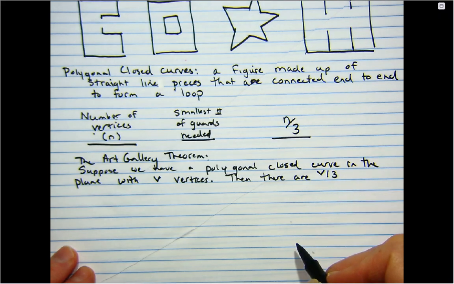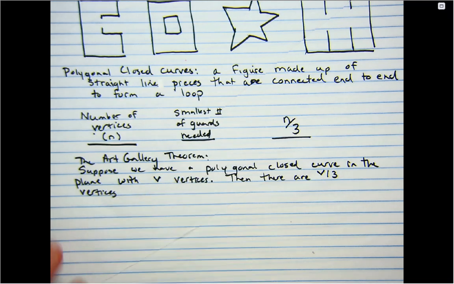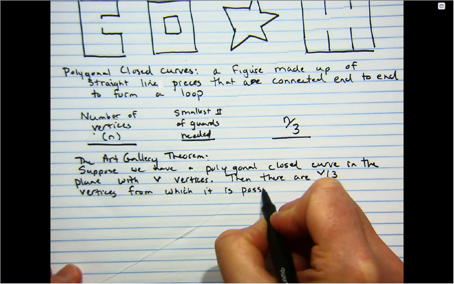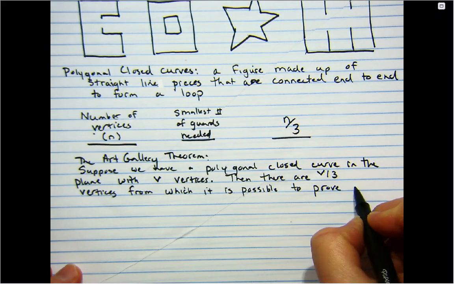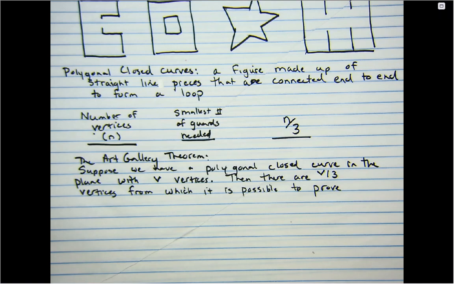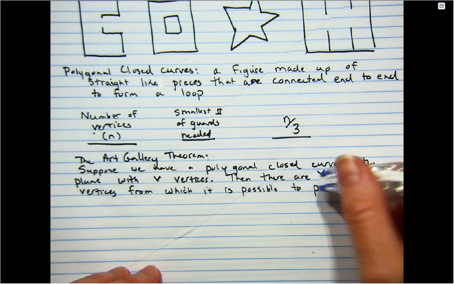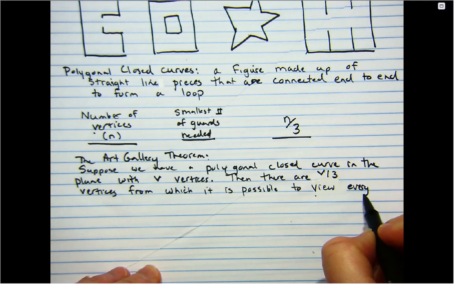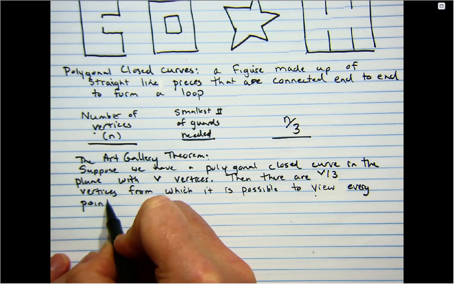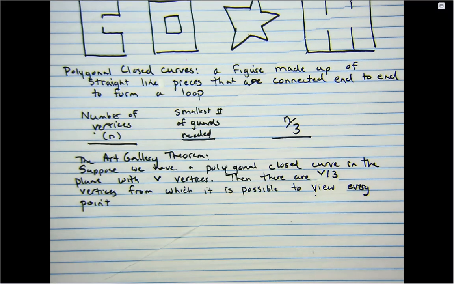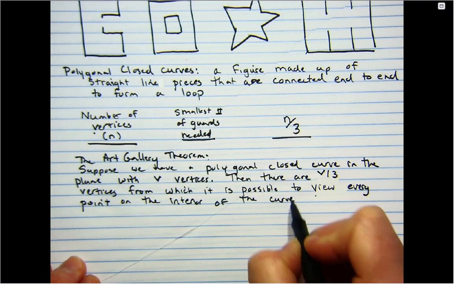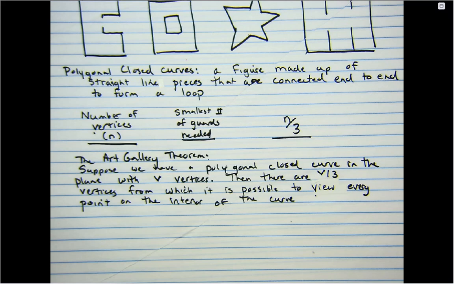Then there are V divided by 3 vertices from which it is possible to view every point on the interior of the curve.